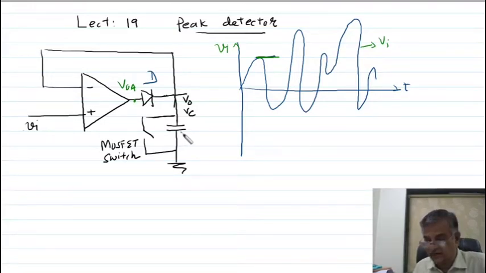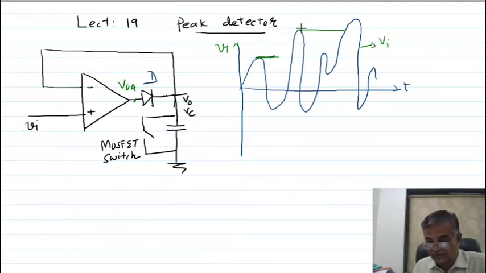Now suppose someone has a question: during this, another peak is coming along the input waveform, whose peak voltage is higher than the previous peak. Then the capacitor will store this peak also. This capacitor will store this positive peak voltage.